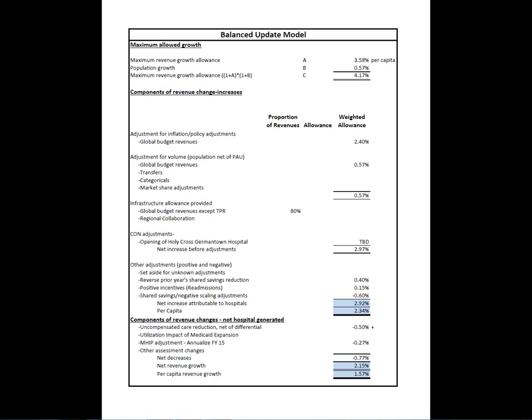Yeah, just actually one item, and it's up at the top in terms of the maximum allowed revenue growth. And this is following from the comments that we made last month about addressing any underage for the first year. It's my understanding that, in fact, the maximum revenue growth for the second year would be the cumulative growth for the first 2 years divided by what the actual update was in the first year.